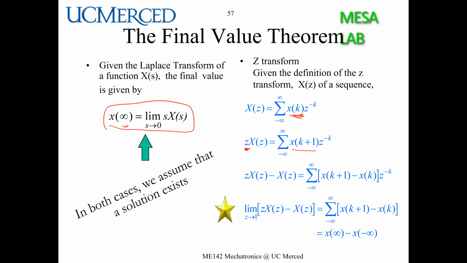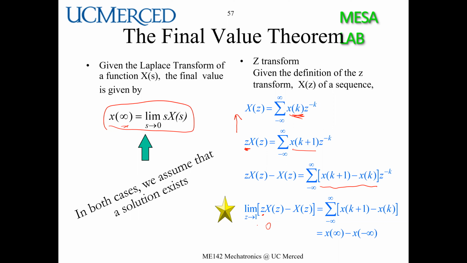Now this minus this, what's going to happen? Term by term, you are going to have something like this. You have the same here, same here. In other words, if I send z to 1, this side will be 0.